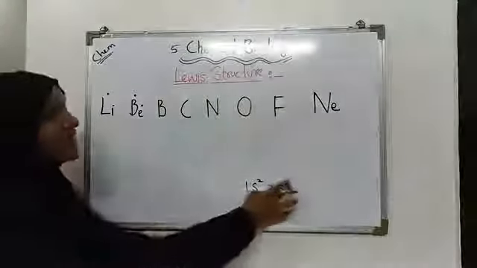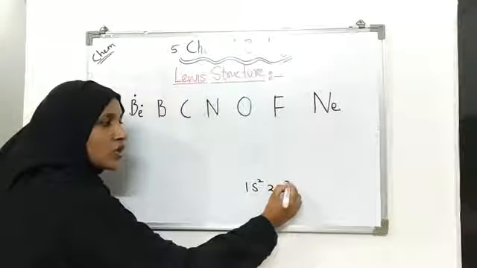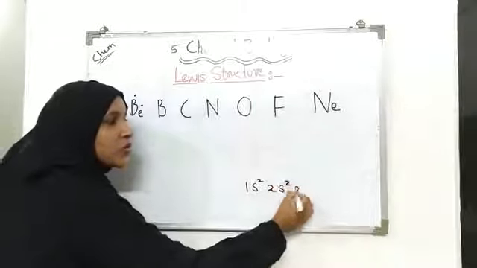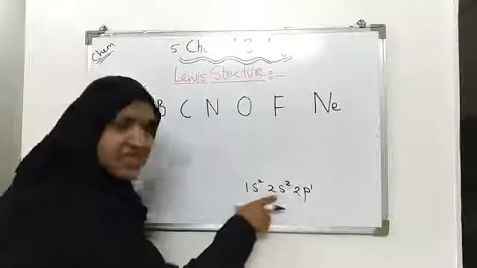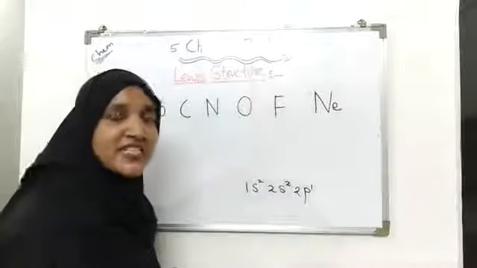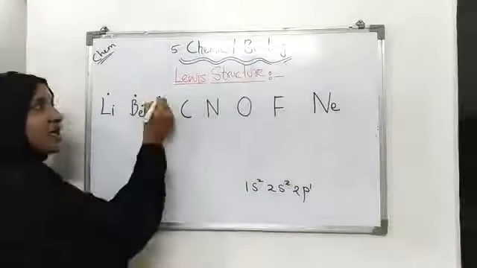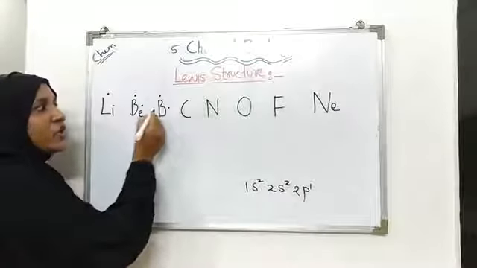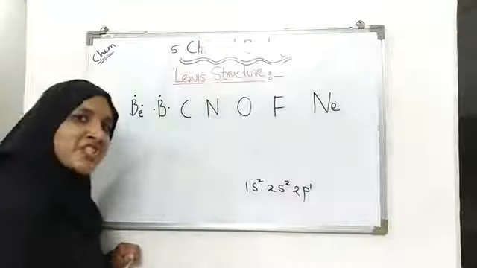For boron, the valence electronic configuration is 1s2, 2s2, 2p1. Again, the electron is entering the second shell, your valence shell, and you have how many electrons in the valence shell? 3 electrons. So you will write the symbol and you will write 3 dots with it representing the number of electrons in the valence shell.